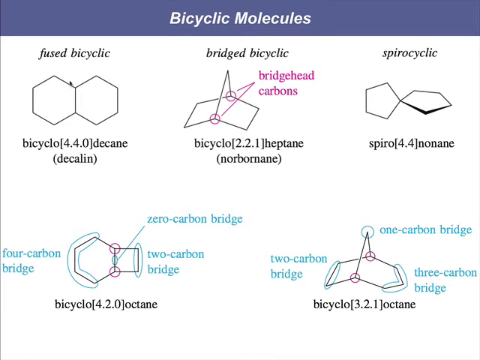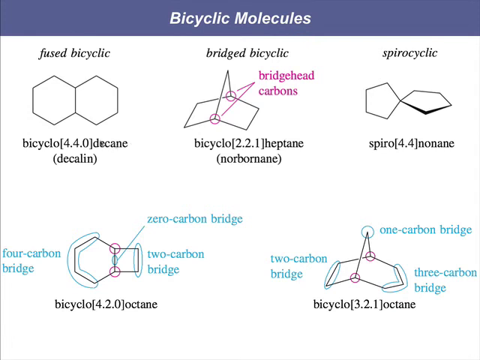So we have 4 carbons on one side, 1, 2, 3, 4, 4 carbons on the other side, 1, 2, 3, 4, and then 0 carbons between the bridge. So this is a bicyclo 4.4.0 decane.